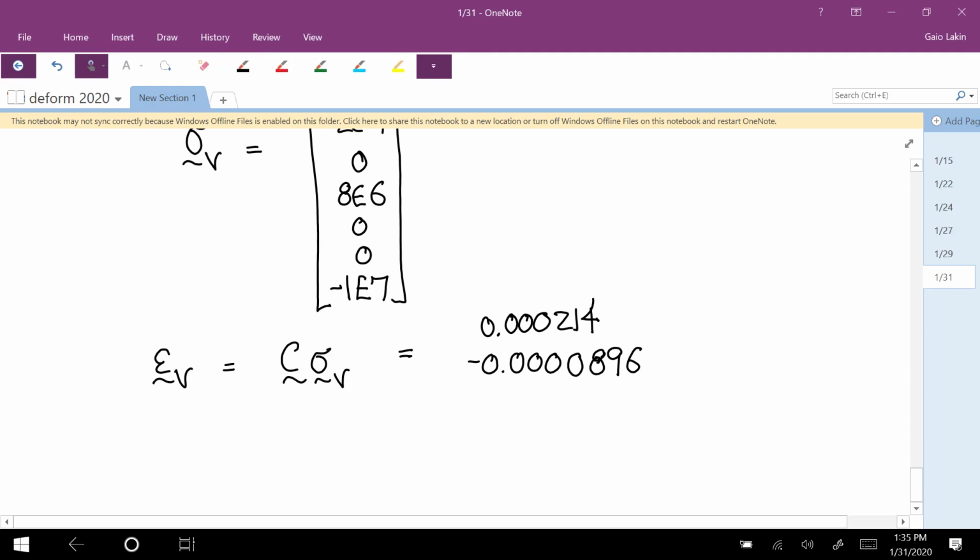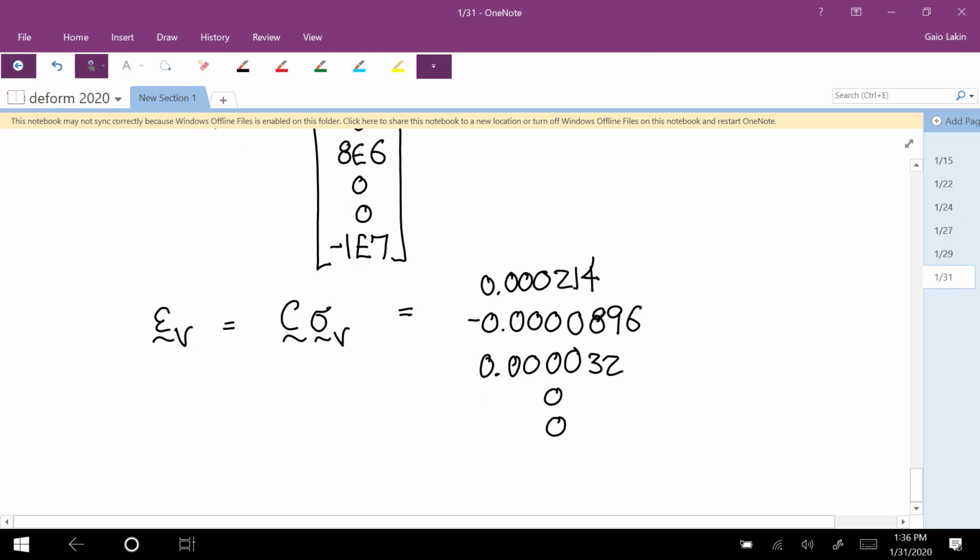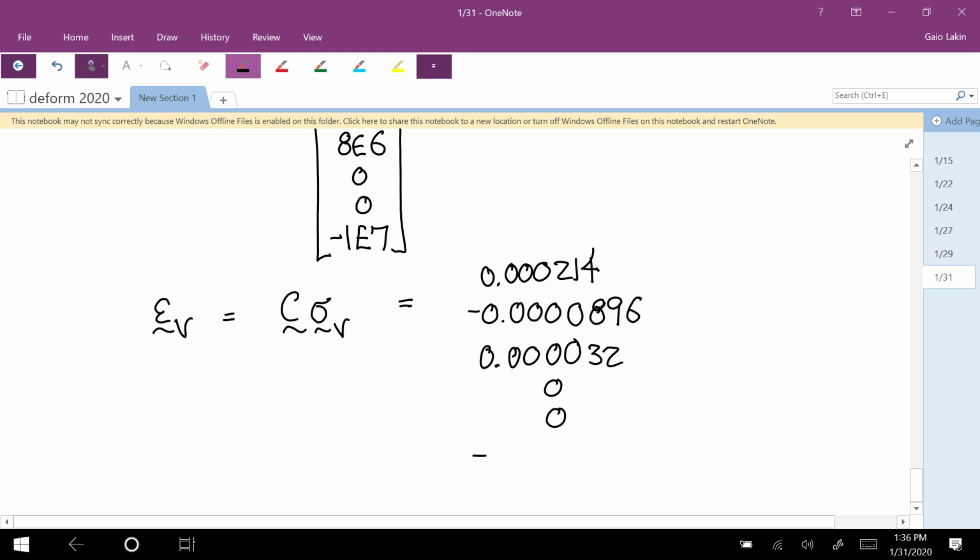Then the ZZ normal strain is 0.40432, and then 0, 0, negative 3 zeros, and then 304.